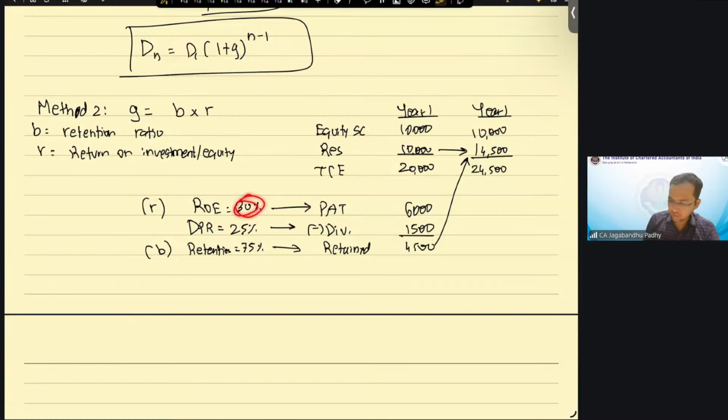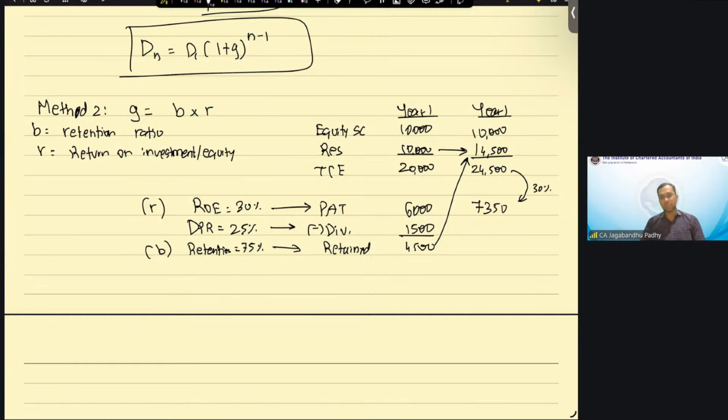So how much is the new profit after tax with 30% being the return on investment? So 24,500 into 30%. So now your new profit next year, the grown profit, will be 7,350.